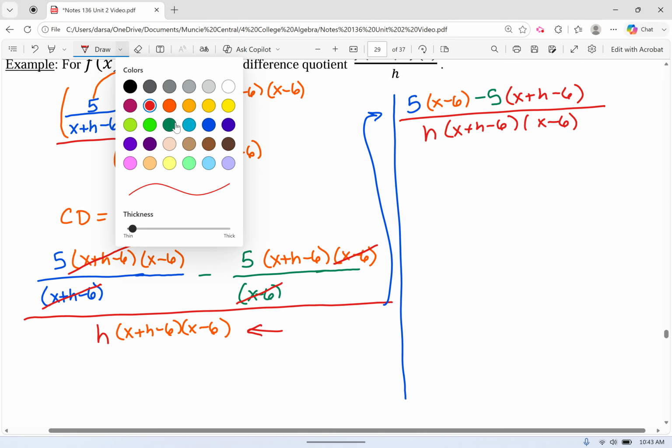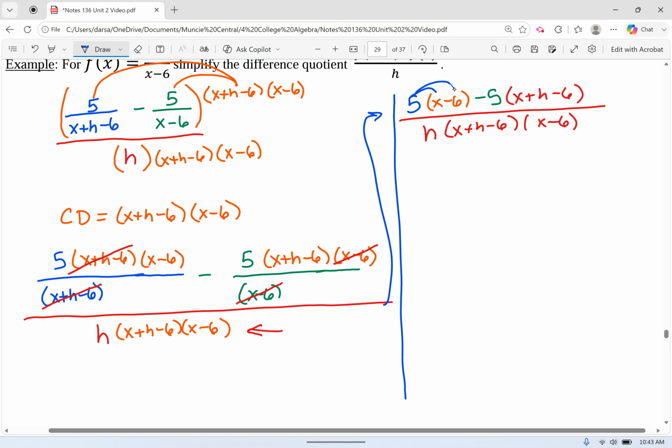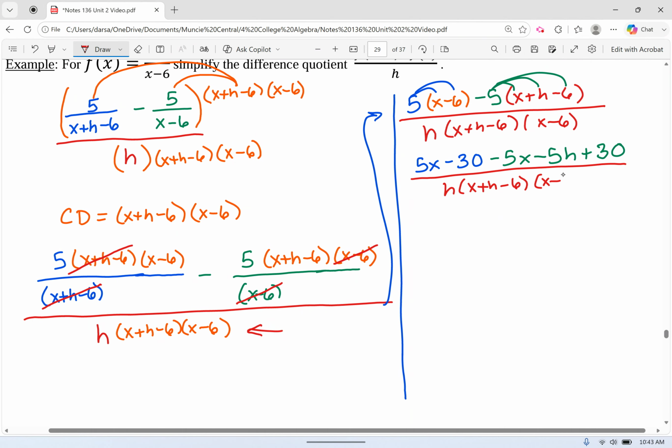So we're going to distribute this blue 5 to give us 5x minus 30, and we're going to distribute the green negative 5 to all 3 of these, and that'll give us minus 5x minus 5h plus 30, because negative times a negative is positive, and the whole thing is still over that really gross looking denominator, which we are never going to mess with. We are always just copying.